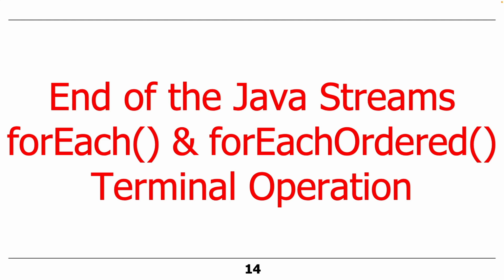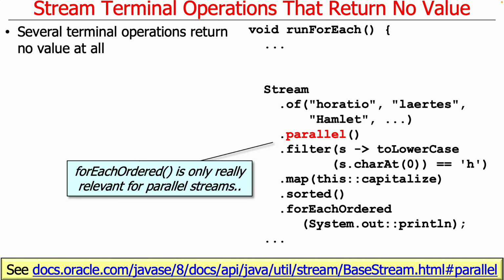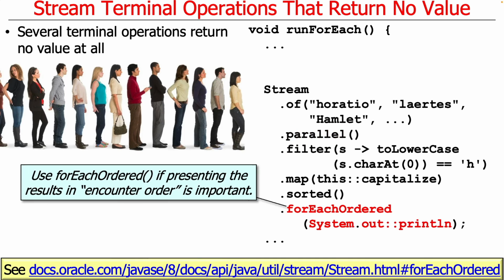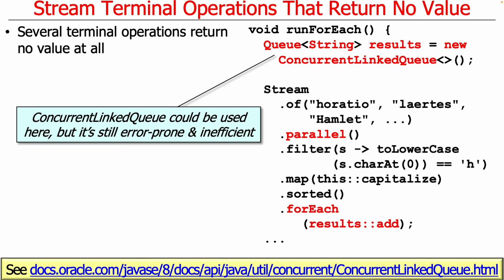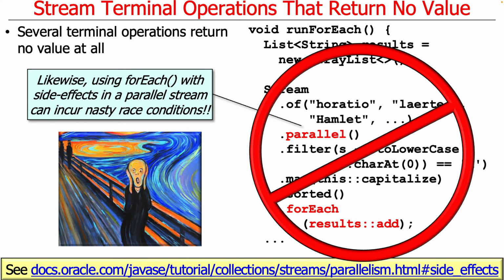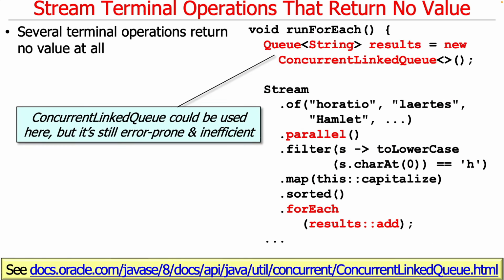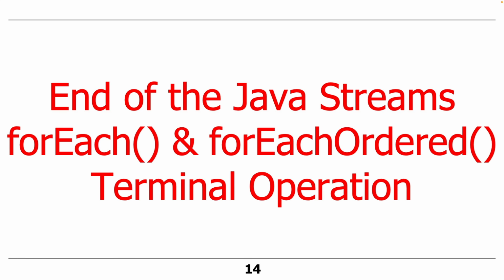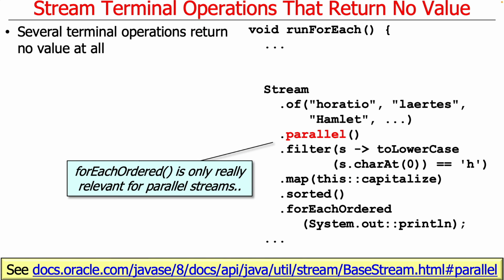And once again, if you were really sick and twisted, you could get rid of the concurrent linked queue, and you could use the array list implementation with forEachOrdered, and you would sort of get things that work, but it's a bad idea.